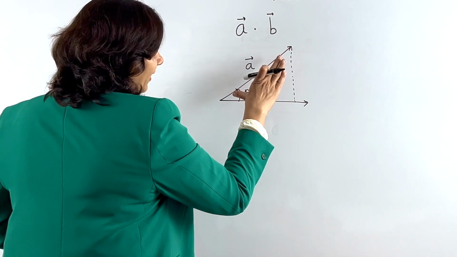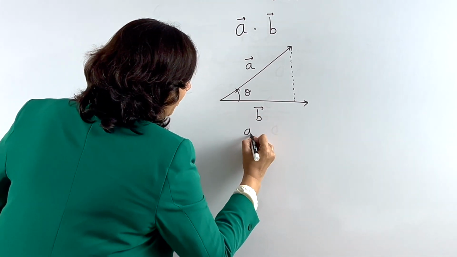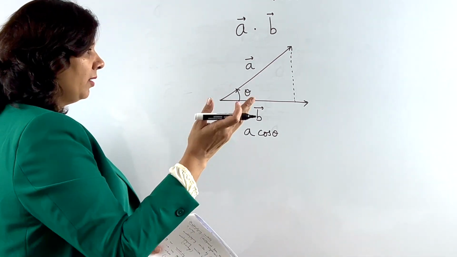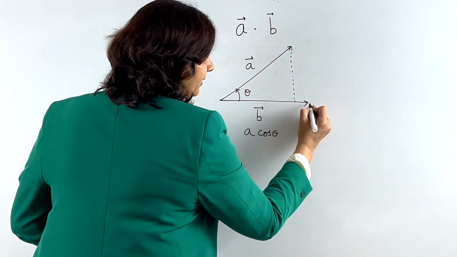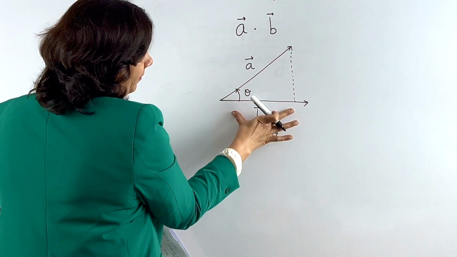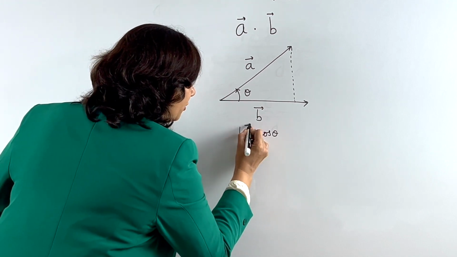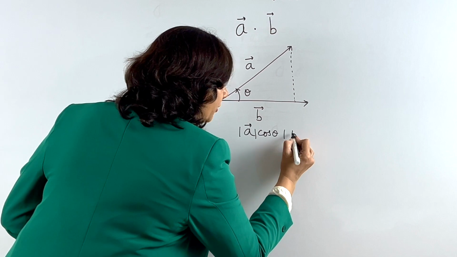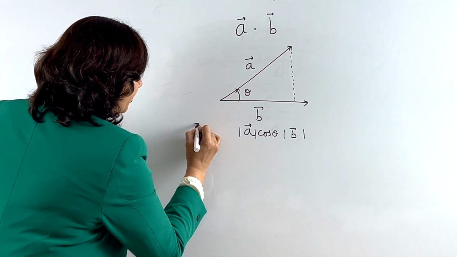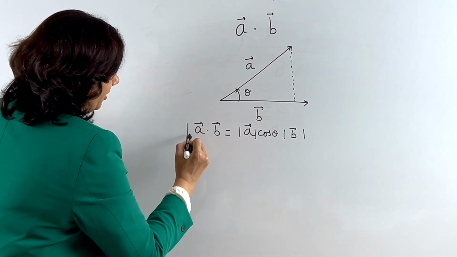So basically when I take the projection of vector A on B, it will be A cos theta, which we have already seen earlier when we resolve a vector along the x-axis. Okay, taking this B as the x-axis, I can resolve vector A along vector B. So this will be A cos theta, where A is the magnitude of vector A, into the magnitude of B. This is defined as the dot product A dot B. Okay, this is the definition.